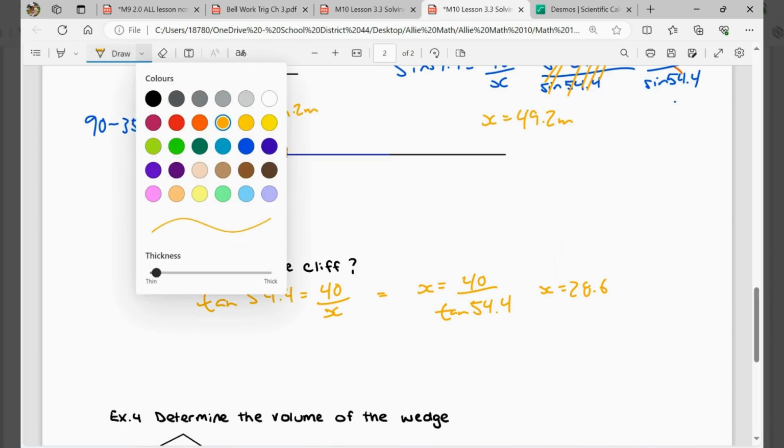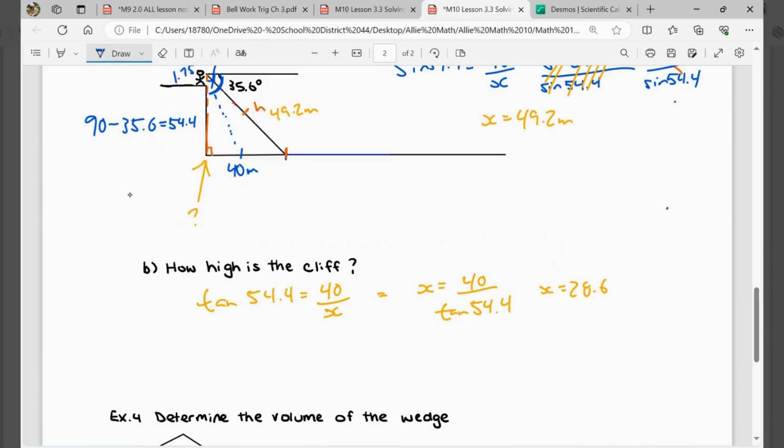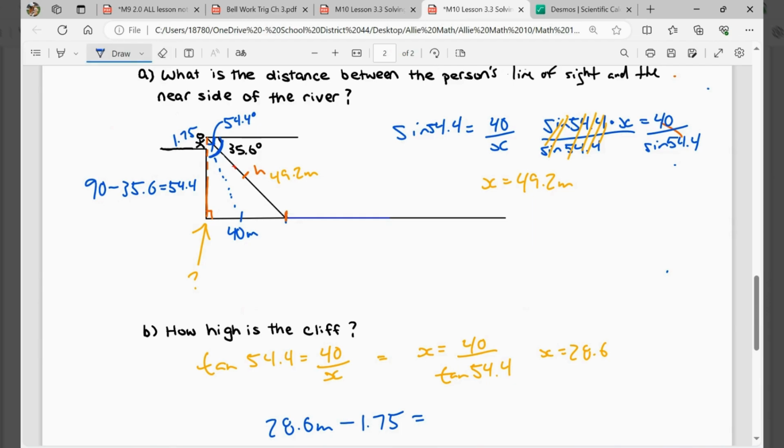We have 28.6 meters, and we need to subtract the height of the person that's looking. So we want this height right here.